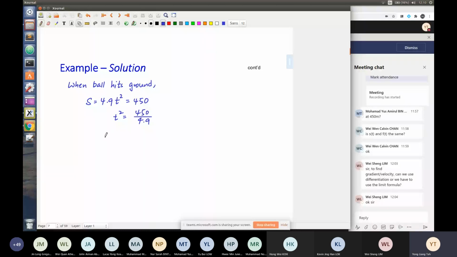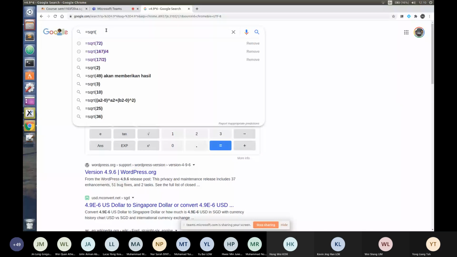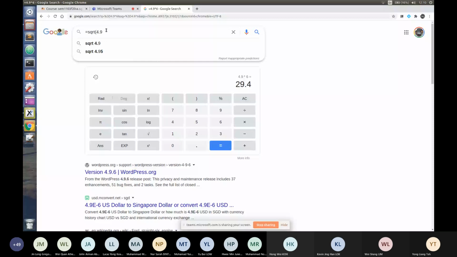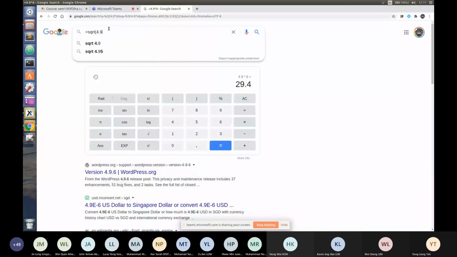Then of course we can find T. It's just the square root of this, so it's the square root of 450 divided by 4.9.